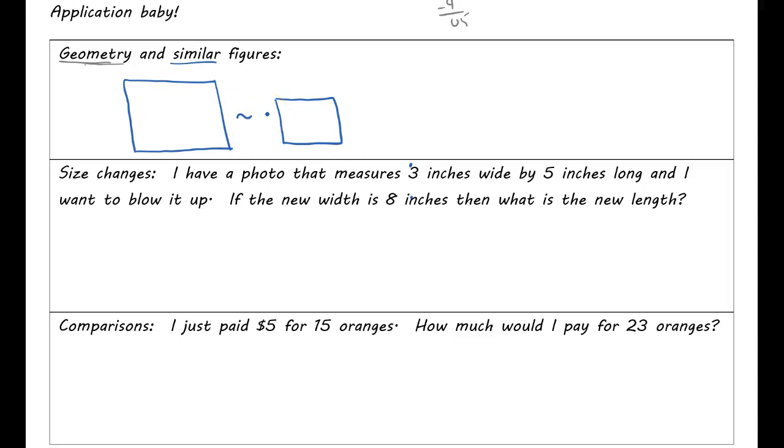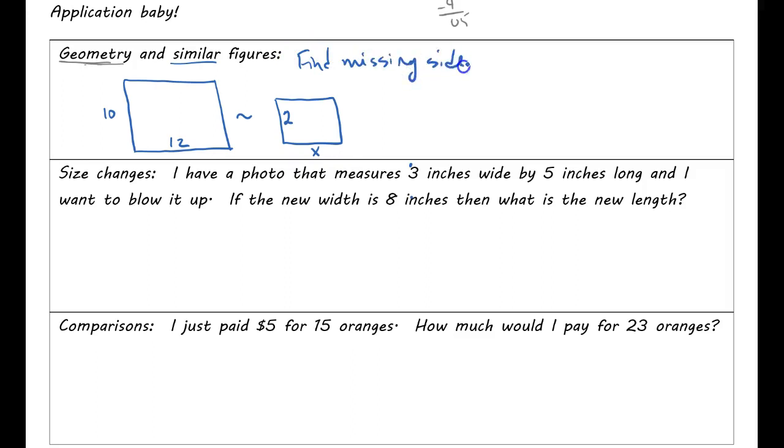And so what the picture might look like is something like this. You may see a rectangle that is 10 units long and 12 units long. And then they might say this one right here is maybe 2 units long, and they put an X or something on the other one. So what they're trying to get you to do is find the missing side.